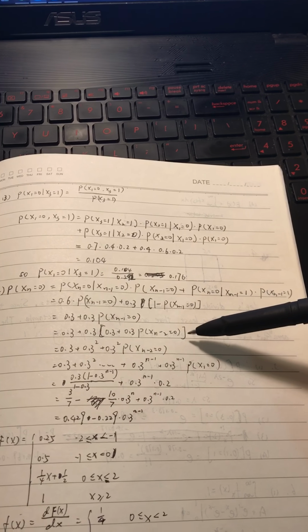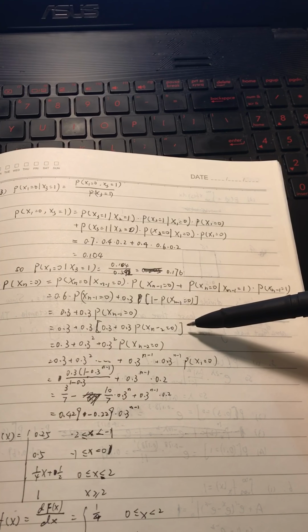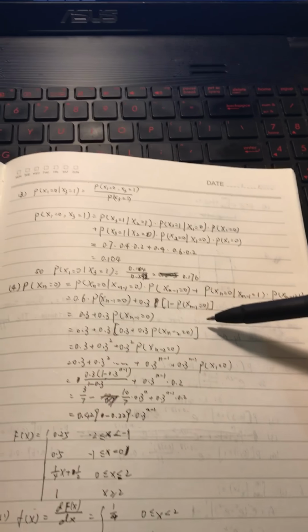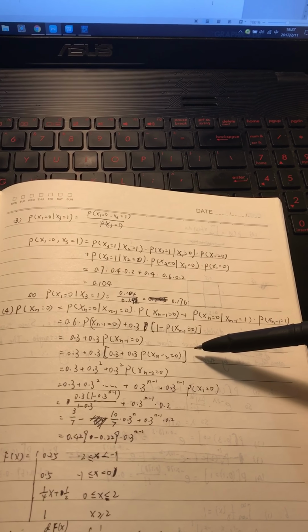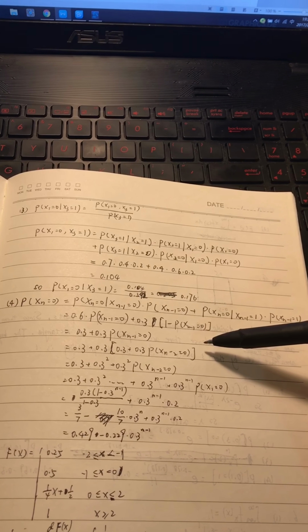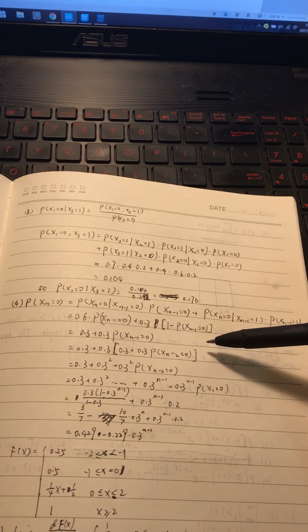For the last question, we need to know the probability of xn equals 0.